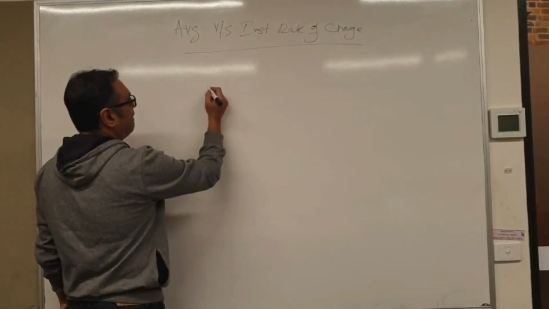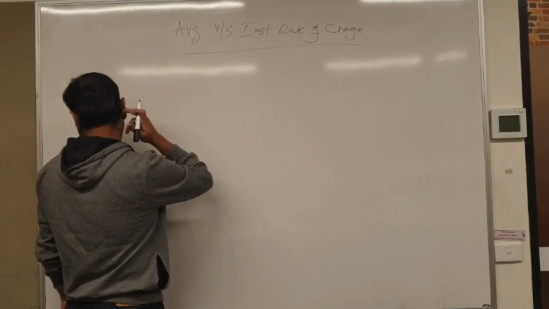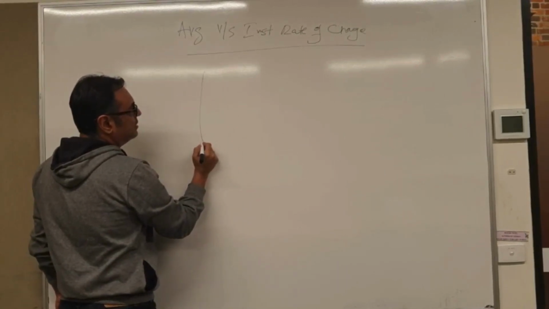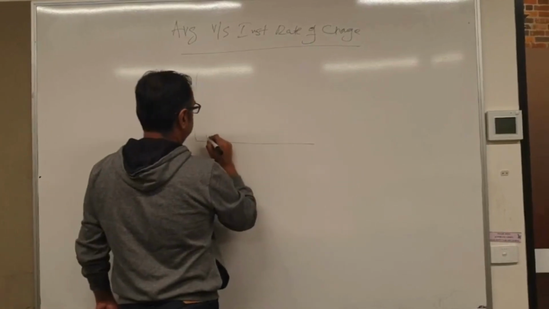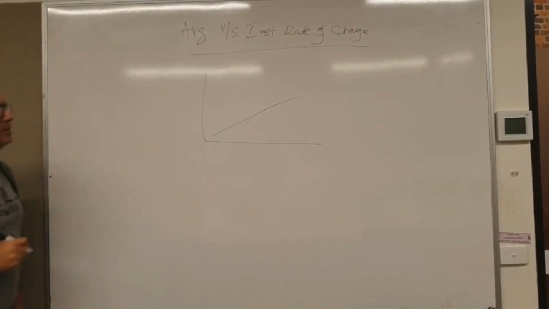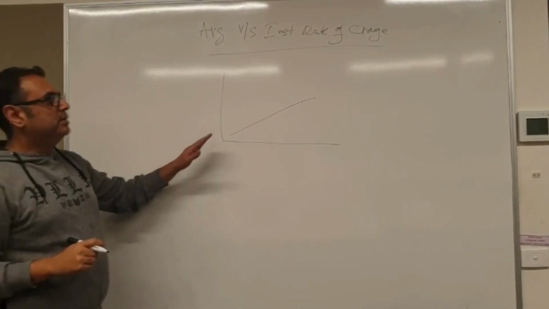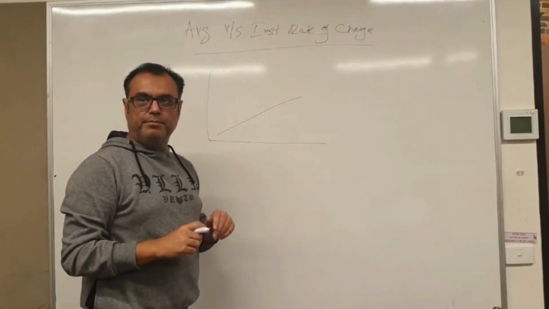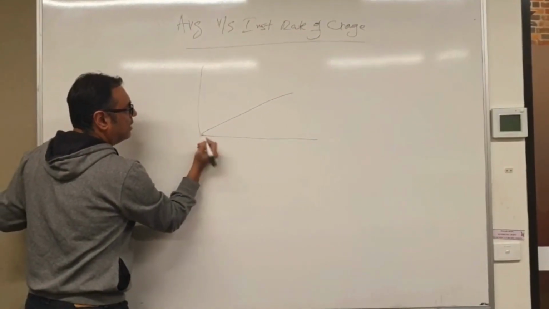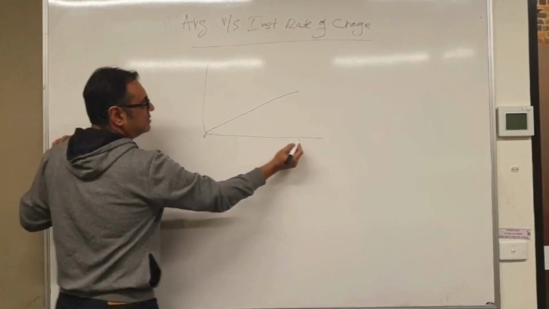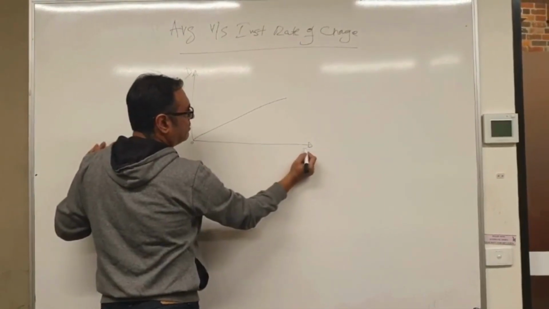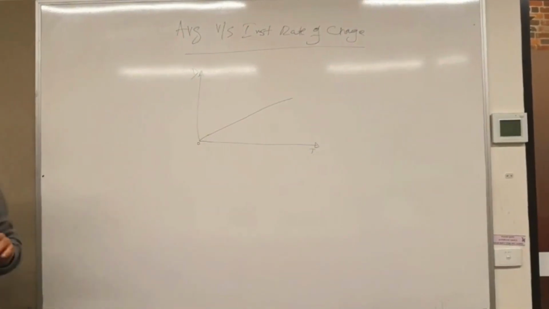Let's say, I can give you multiple examples. Let's take the example of, let's say you are driving a car, right? And this is your distance versus time graph of how you're driving.